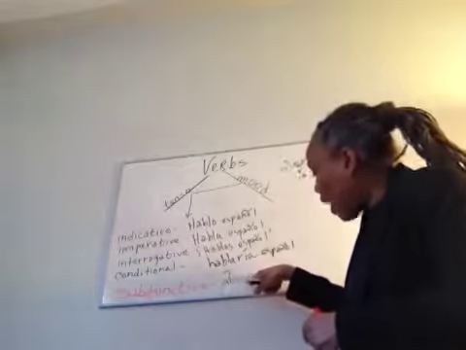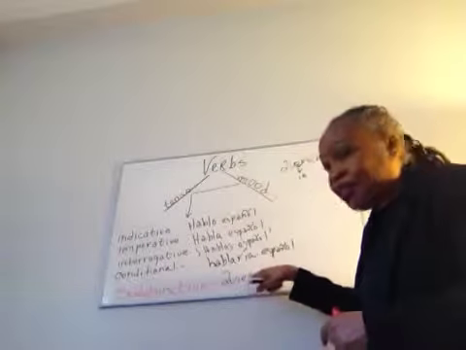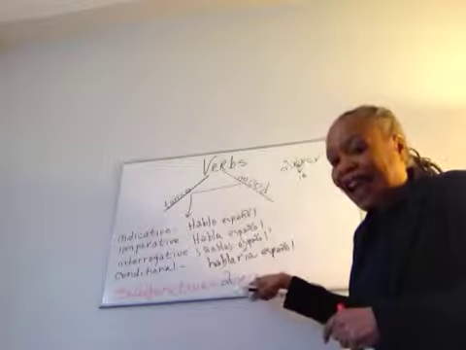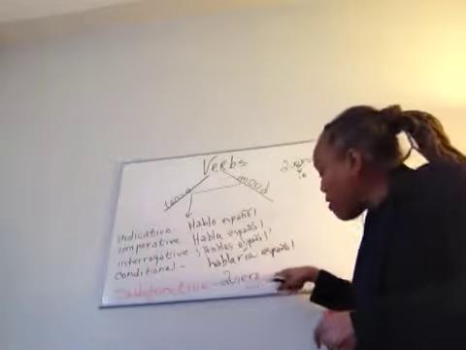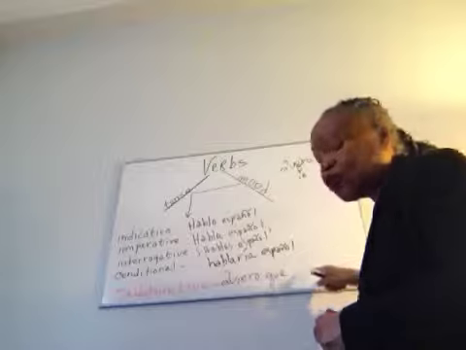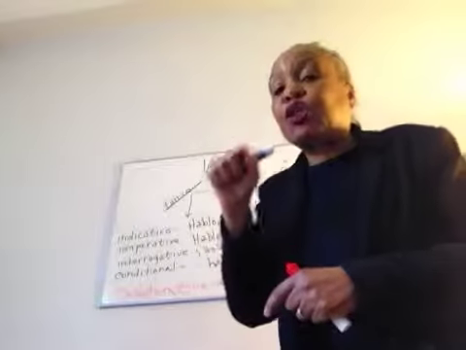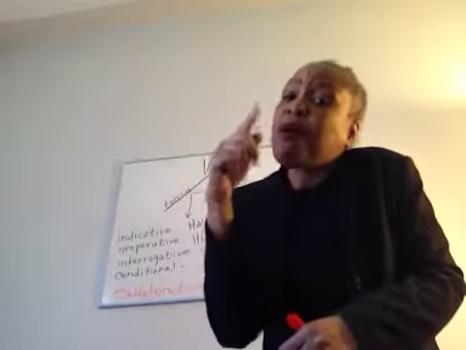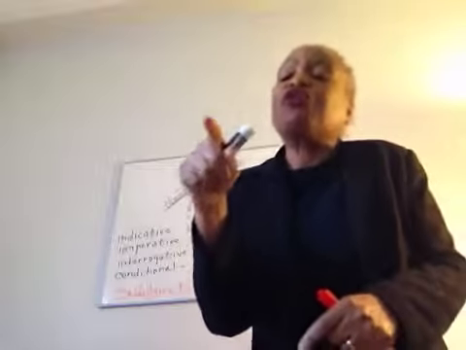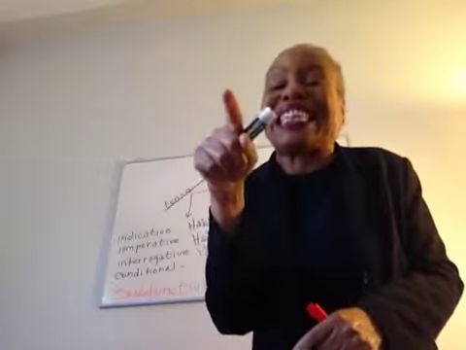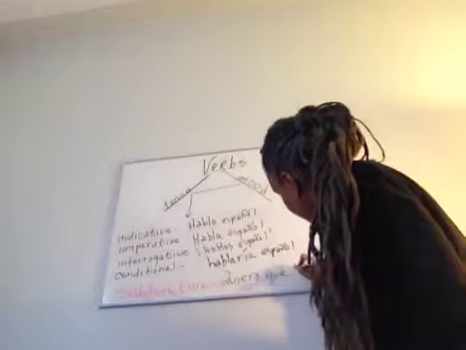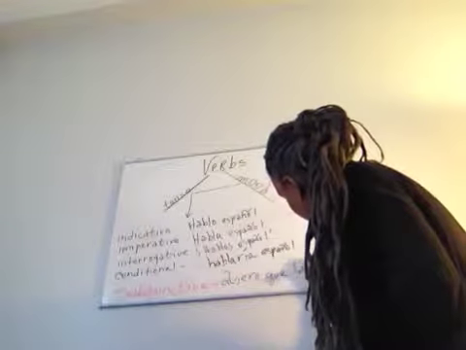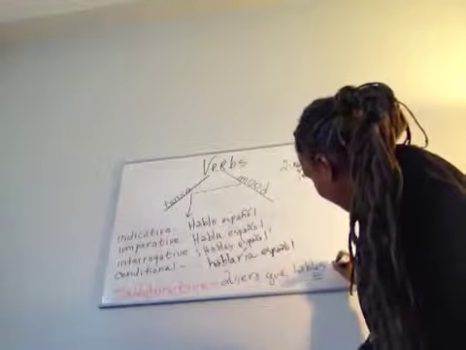Now, this is what I want, so this is in the indicative because I'm stating a reality or a fact. Now, the rest of the sentence is in the subjunctive because I'm telling you what I want, not from myself, but from you. So, quiero que hables español.